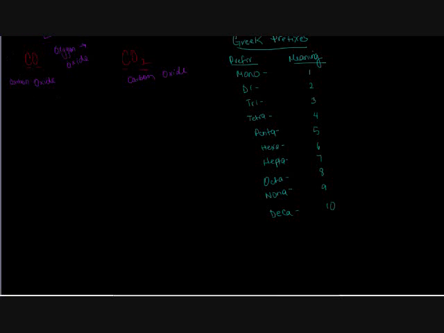In this case, we had 1 carbon and 1 oxygen. So what you do is you omit the prefix for the first element, and then you put it into the second one.